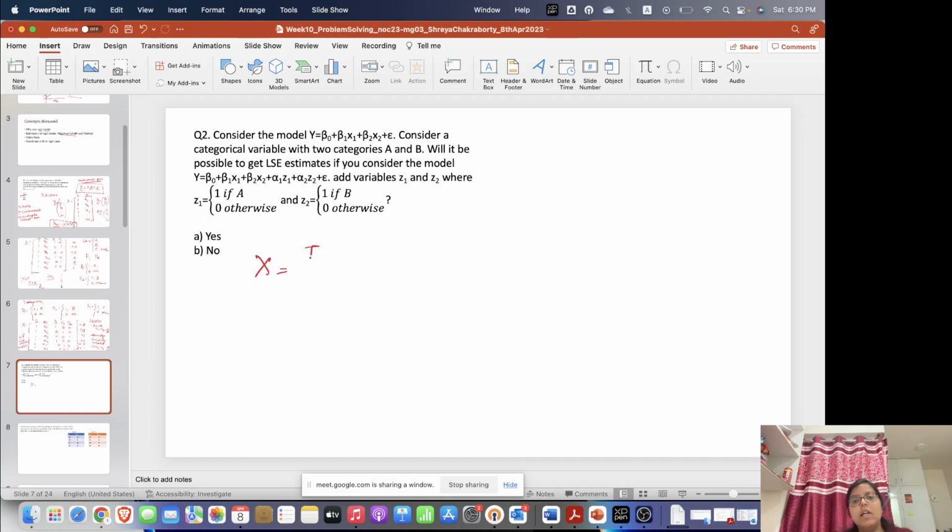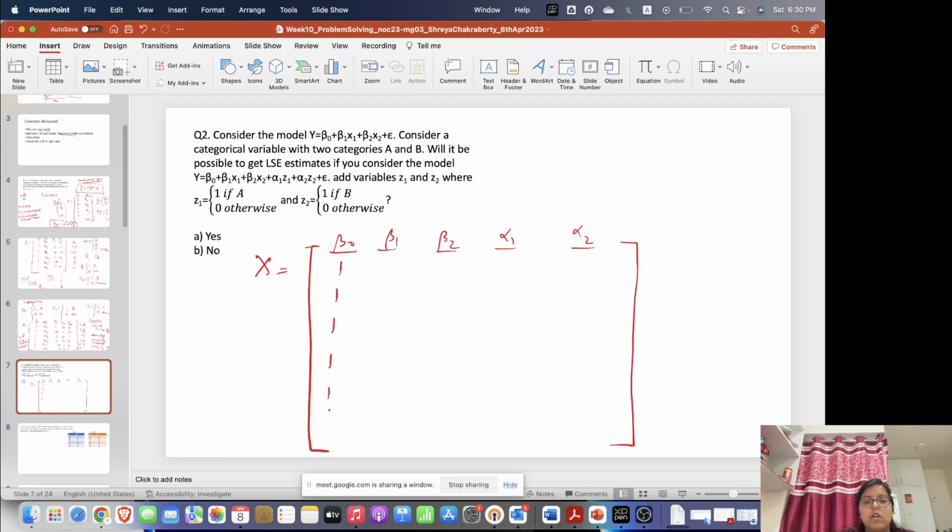So here we would have how many columns? They are saying 1, 2, 3, 4, 5, 5 columns. So this would be corresponding to beta naught, this would be beta 1, this would be beta 2, this would be with respect to alpha 1, and this would be with respect to alpha 2, let's say. So here beta naught is the intercept term. It will be present all throughout.